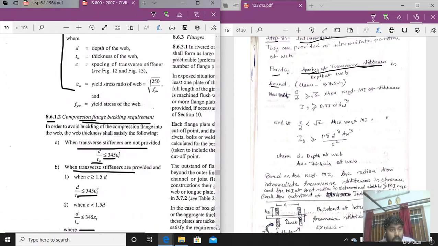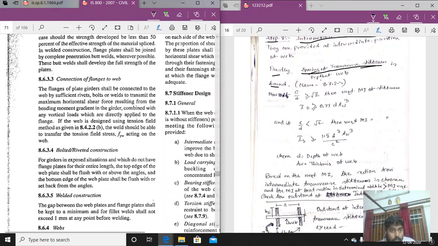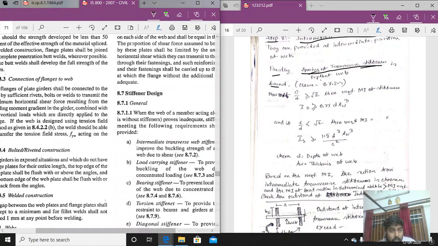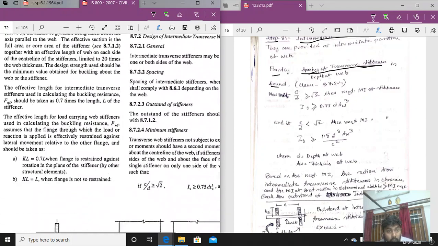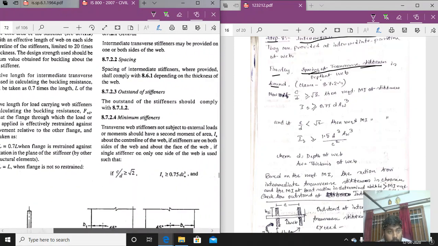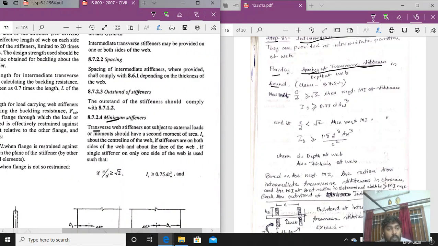Let us come to clause 8.7.2.4. Minimum stiffeners: transverse wave stiffeners not subjected to external loads, this criteria has to be determined.